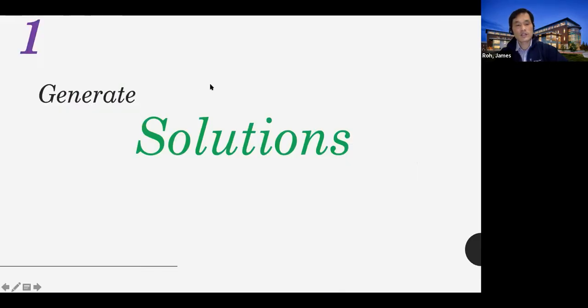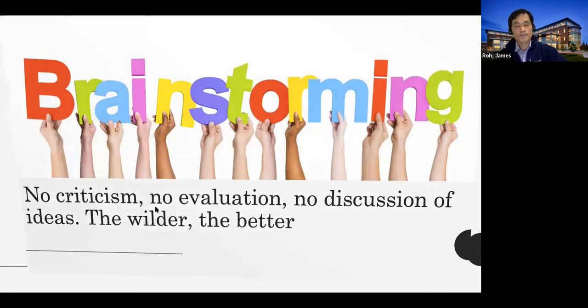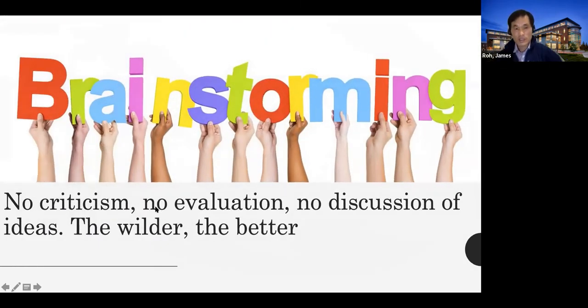So let's take a look at first at generating solutions. The first or easiest thing that we can do when you are making improvements for your process is brainstorming, right? When you are brainstorming, it's good to have various types of people.